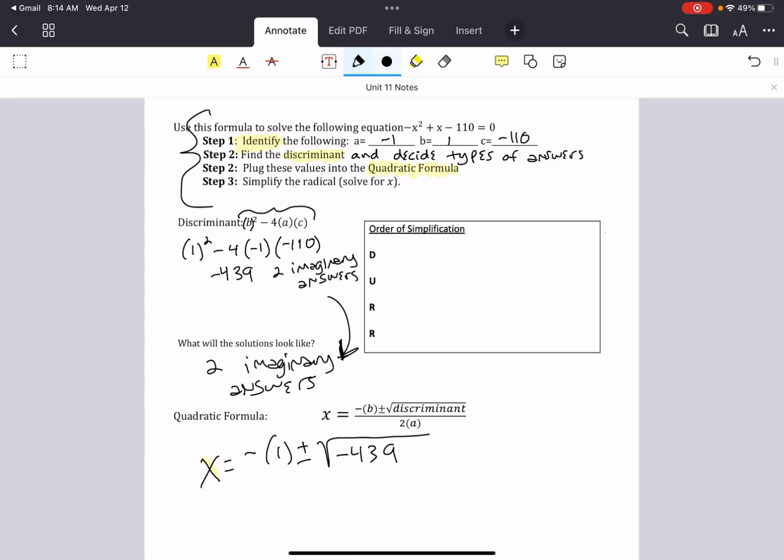Kind of hate how big that 439 is for our first one, but oh well. Maybe it'll be prime and it'll be our lucky day. All over 2a.